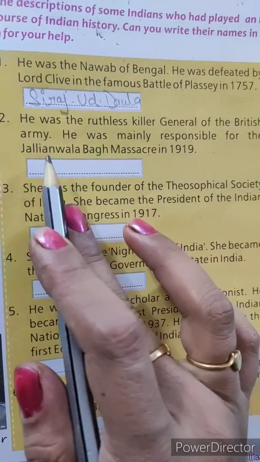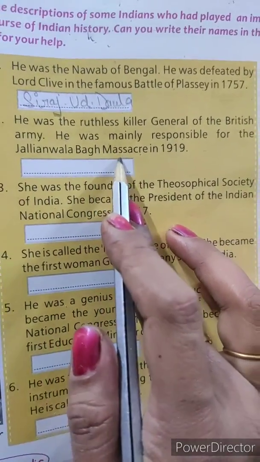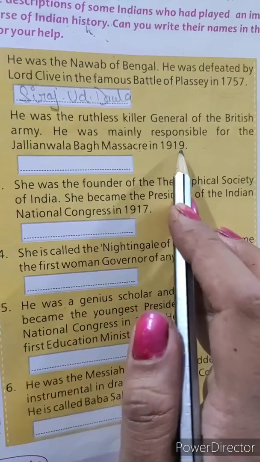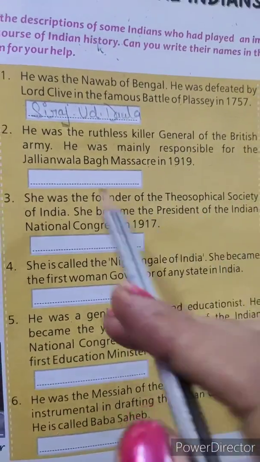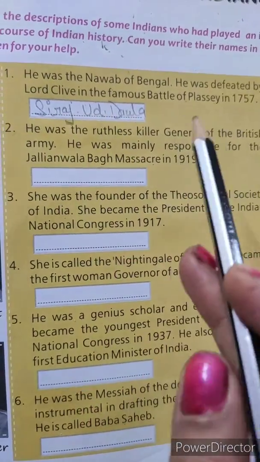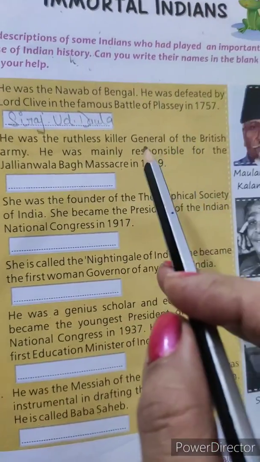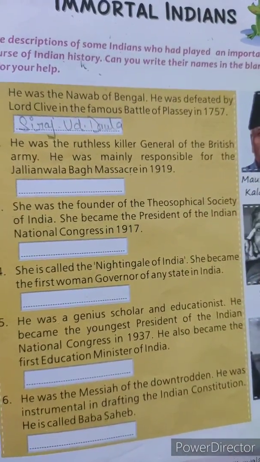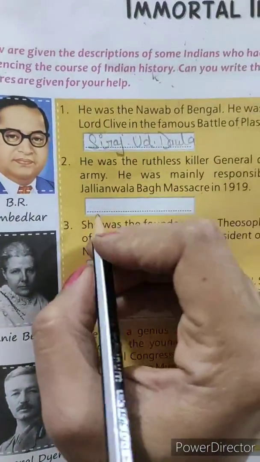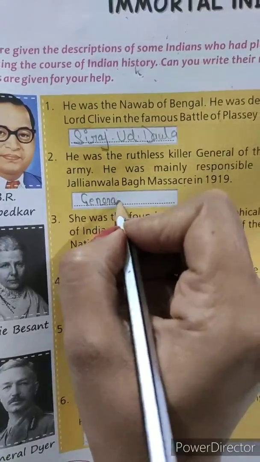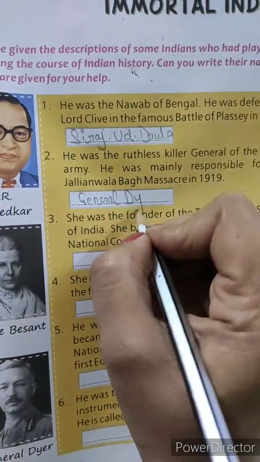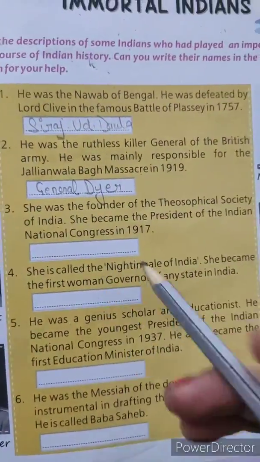It is also called the Jallianwala Bagh massacre, and it occurred in 1919. People had gathered for an assembly, unknowingly, and General Dyer started shooting them. So we will write over here General Dyer.